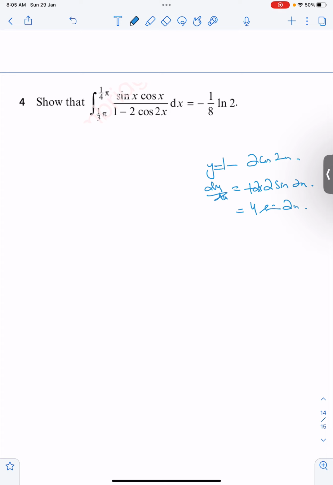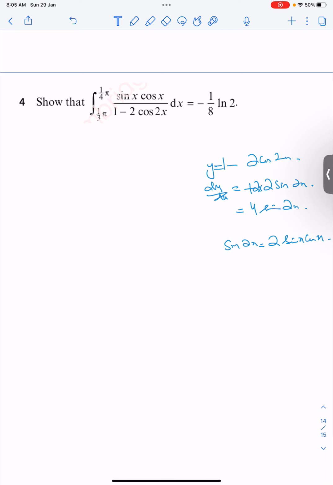We know sine of 2x is actually 2 sine x cos x. Sine of 2x equals 2 sine x cos x. And this is 4 sine 2x, so if I have multiplied by 4, I have to multiply this also by 4. It is going to become 8.